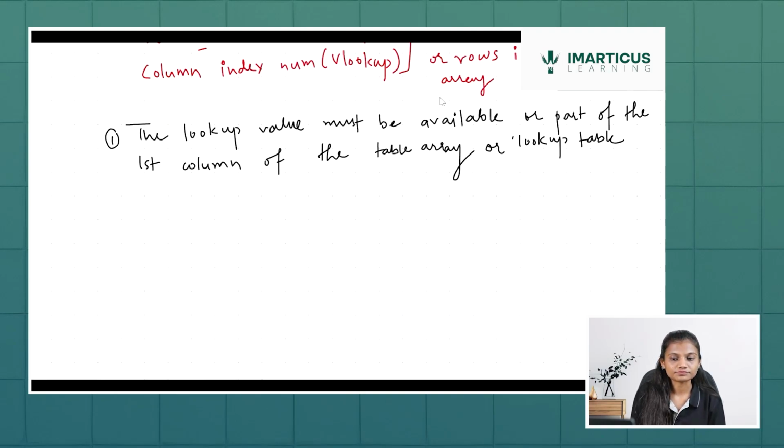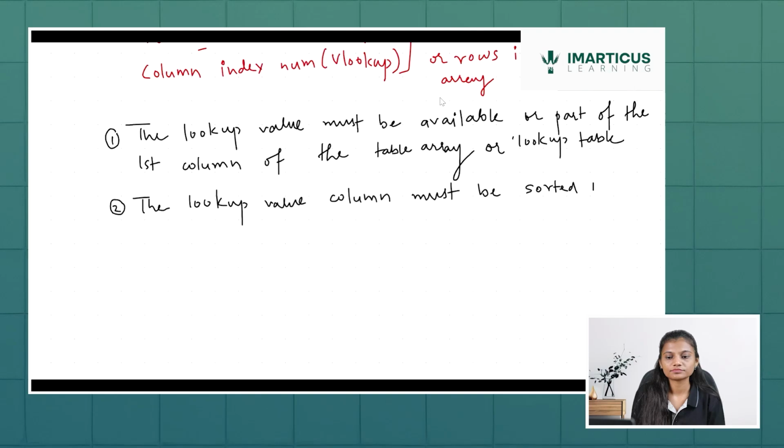Second, the lookup value column, which means the column where the lookup value would be found, must be sorted in ascending order. But not always.